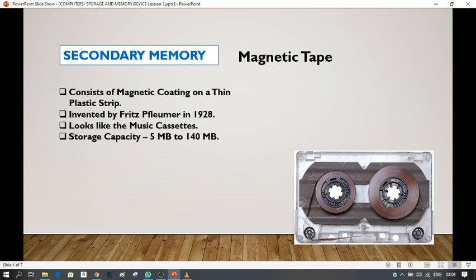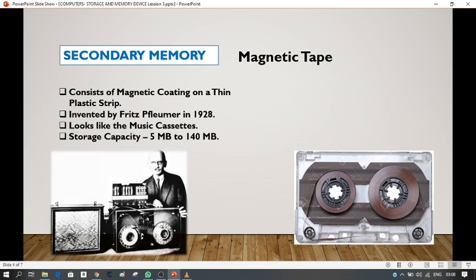It was invented by Fritz Pfleumer in 1928. It looks similar to music cassettes. Its average storage capacity ranges from 5 MB to 140 MB.